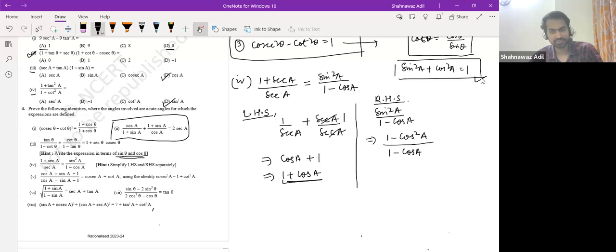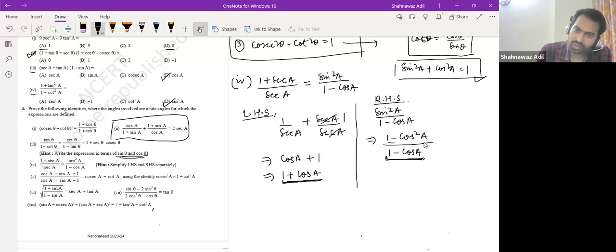Now we have to reach here. So something should be cancelled out, right? We cannot simplify this part.